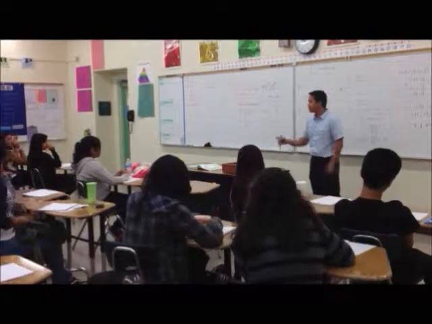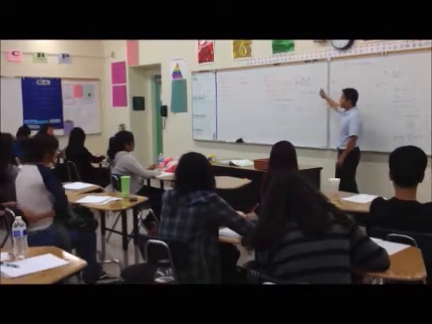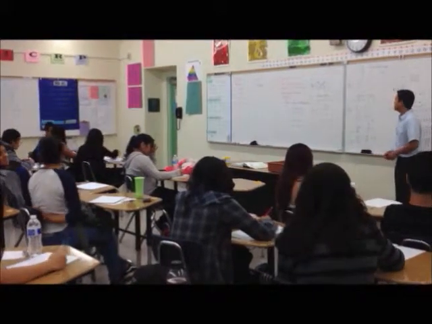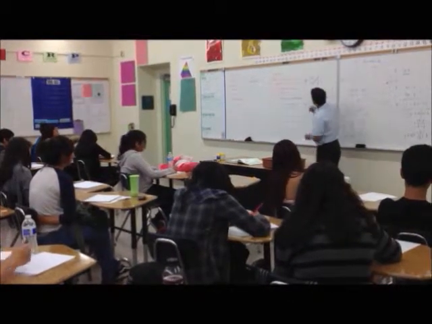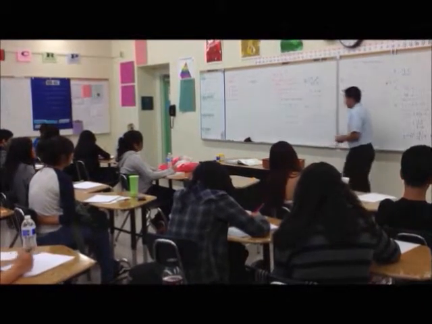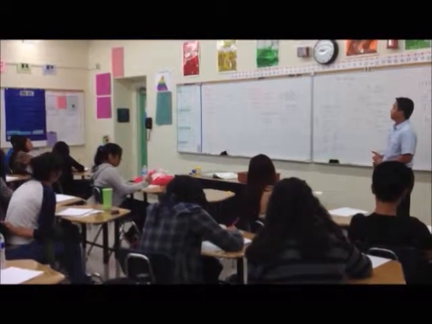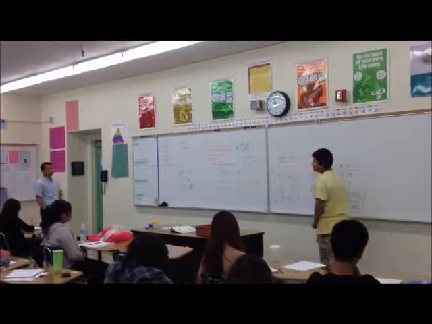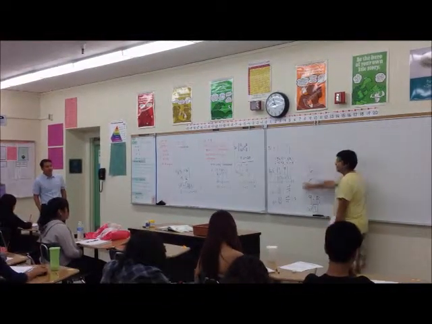Anyone do it on the board? So just follow this process of solving determinants. A times B minus C times B. So this is the determinant.